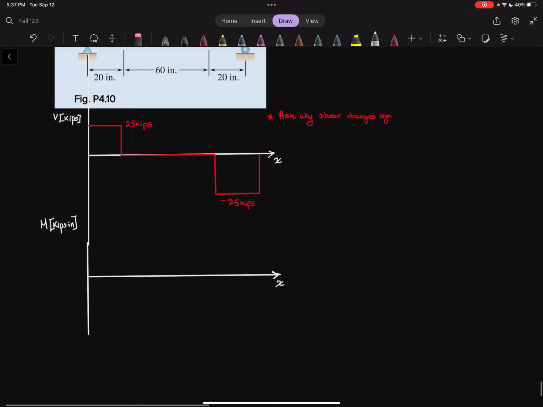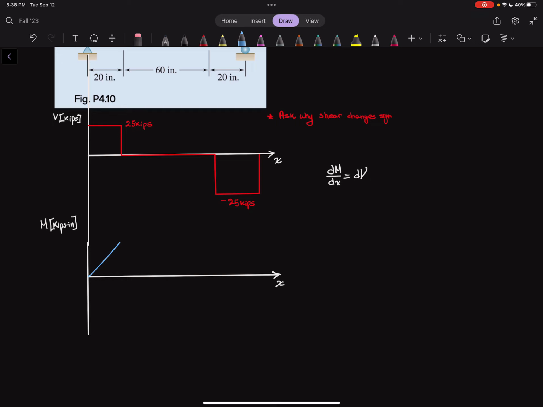And so it turns out the 25 is going to be the slope because we know that dM/dx is equal to V. So the slope of the moment function with respect to x is equal to V. So if we keep that in mind, then we would know that this is going to have a slope of 25 until we get to 20.